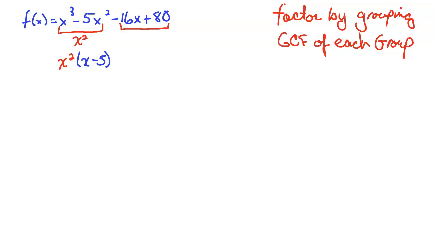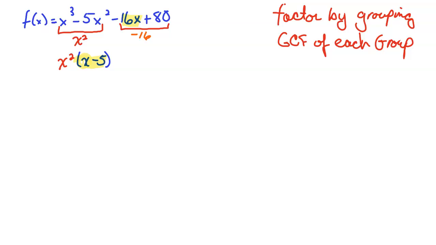Well, I'm going to give you a hint. You want what is left over to look just like this right here, to be this x minus 5. Okay? So you want it to be this same thing. So if you want this to turn into just an x, try factoring out a negative 16.